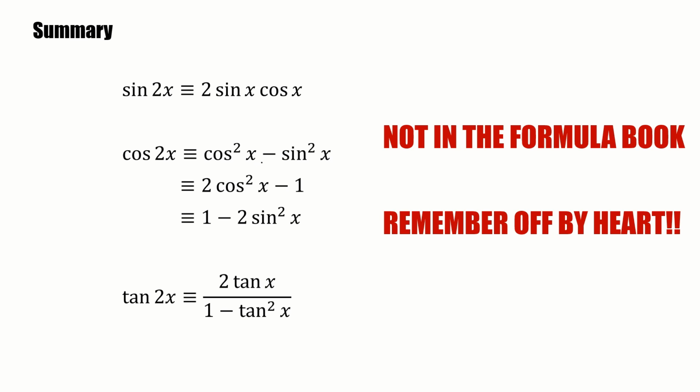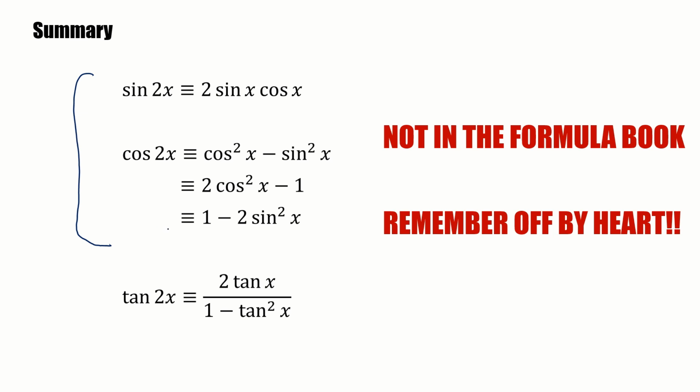If you're going to make any time-saving efficiencies, then prioritize above all the others the sin 2x and cos 2x ones as those you absolutely 100% must know off by heart. The tan 2x one, although it's a really good idea to remember it, appears less often, whereas the sin 2x and cos 2x double angle identities appear so much.